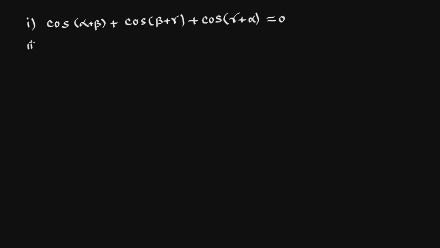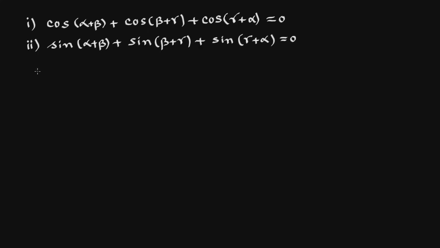Continuing with this problem, the next two things that we have to prove are: first, cos(α+β) + cos(β+γ) + cos(γ+α) = 0, and second, sin(α+β) + sin(β+γ) + sin(γ+α) = 0.